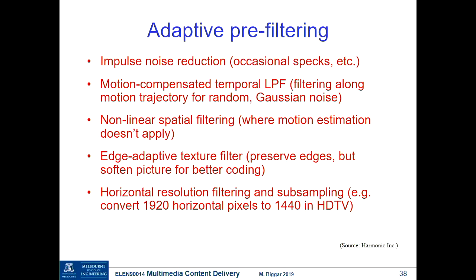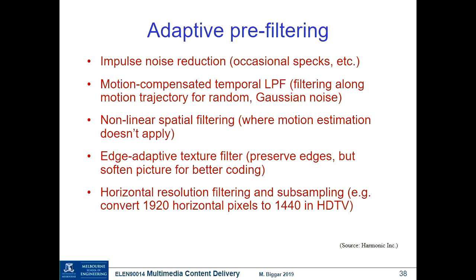We can try to do temporal filtering as well, so smoothing out things from one frame to the next, but we need to try to preserve edges, so we can't just do pixel averaging. We would try to do motion compensated filtering, so that we preserve edges. We actually filter objects as they move in some sort of trajectory across the scene. We can also do filtering within a frame, apart from the impulse noise.